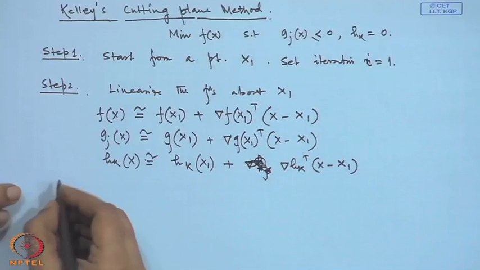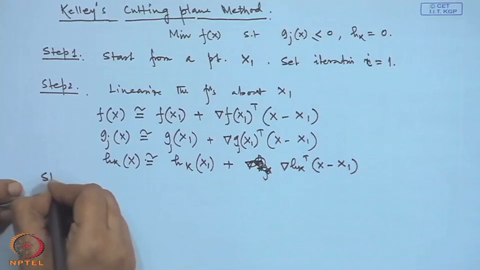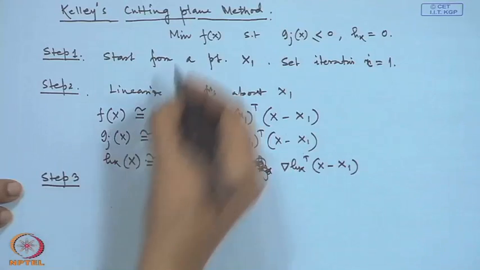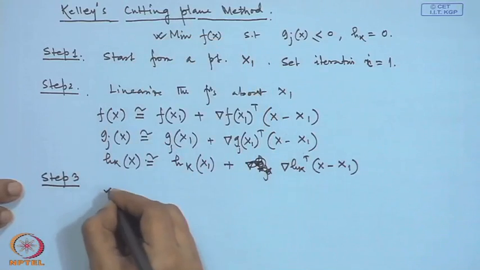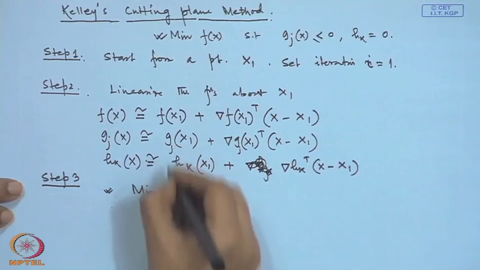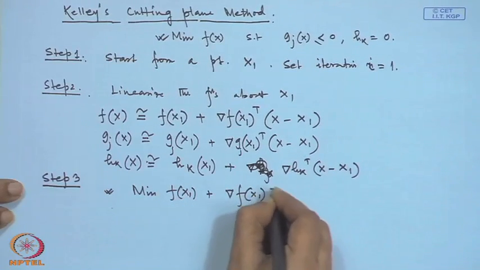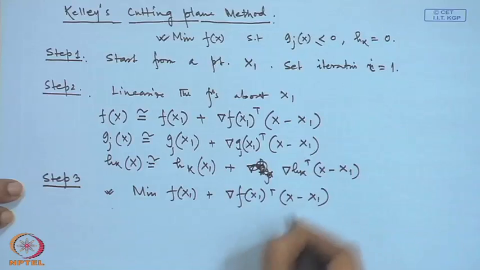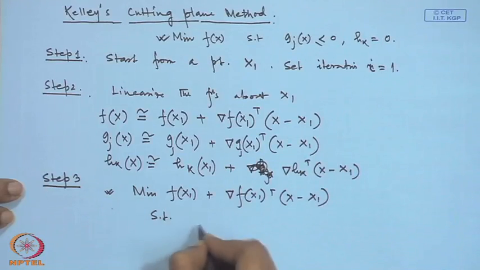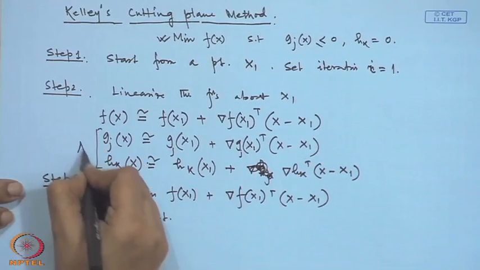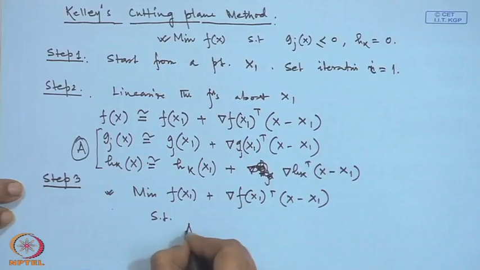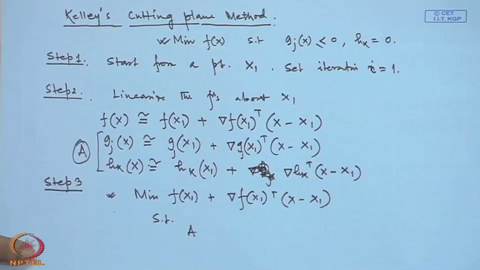Now, we can reformulate the given problem: minimization of f(x1) plus grad of f(x1) transpose (x minus x1), subject to this set, say this is the set A. It is very clear this is a linear programming problem, and we can solve it and get the optimal solution.